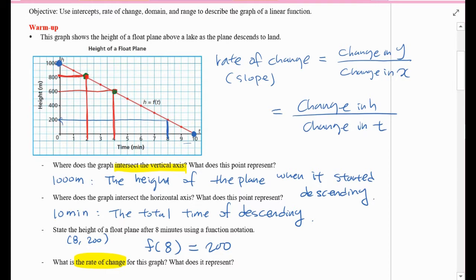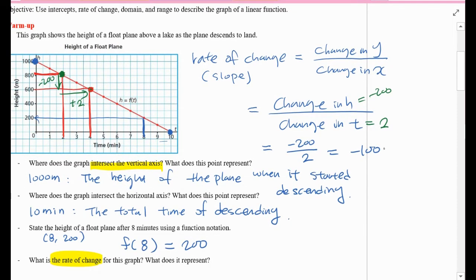Here 800 to 600 is going down, negative 200. And from 2 to 4, it's increasing, plus 2. So change in h is negative 200 and change in t is positive 2. So we have the fraction negative 200 over 2, which is negative 100. So this is the rate of change.